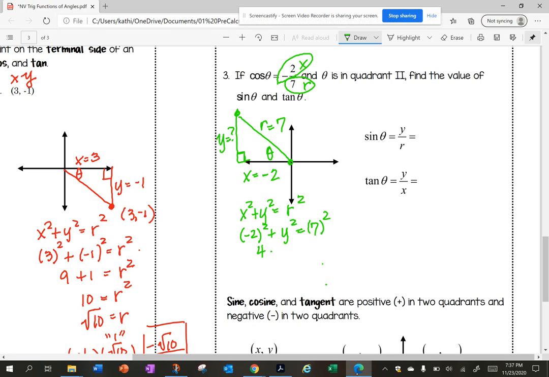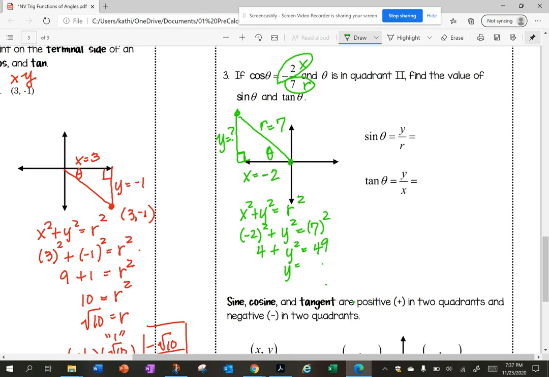So 4 plus y squared equals 49. I'm going to subtract 4 from both sides. And I get y squared equals 45.